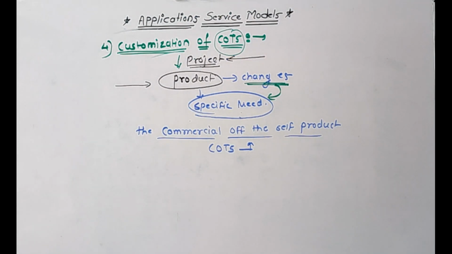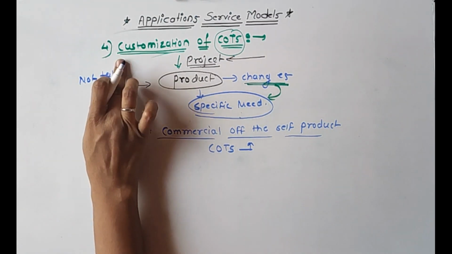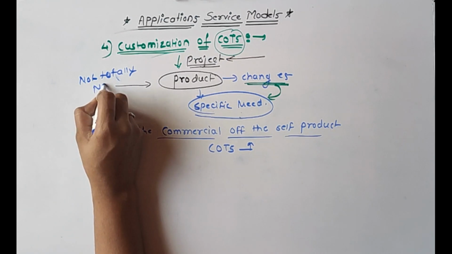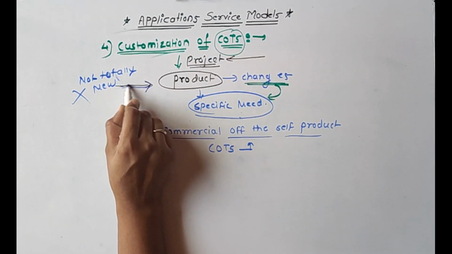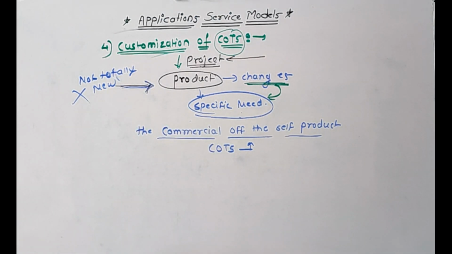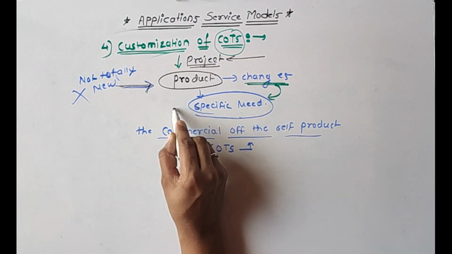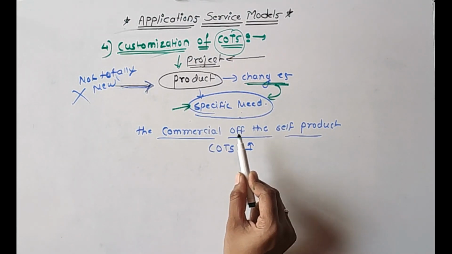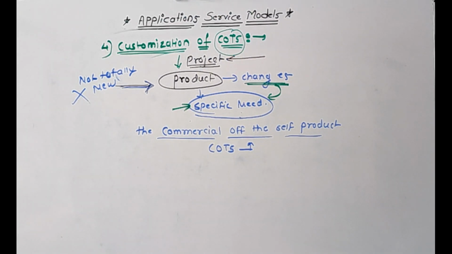We are not making a totally new one, but with the help of the product we are doing some changes as per the specific need. That is the commercial off the shelf product, means we are saving the time as well as money of the customer.